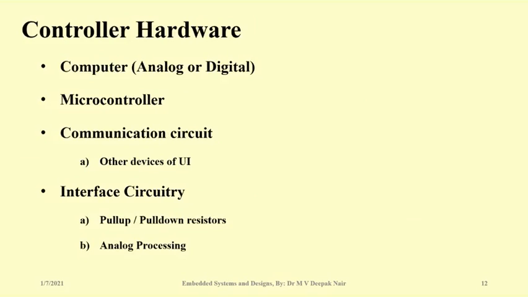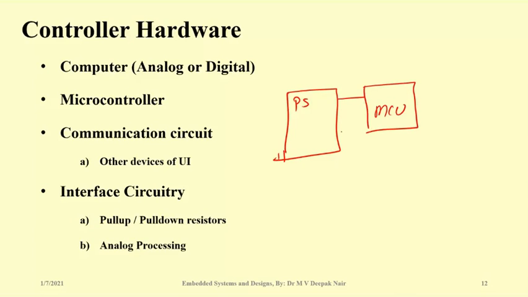Let me go for an example. Assume you have a power supply, and that power supply is supplying voltage to your microcontroller, MCU. Here you have the ground and here you have 5 volt.